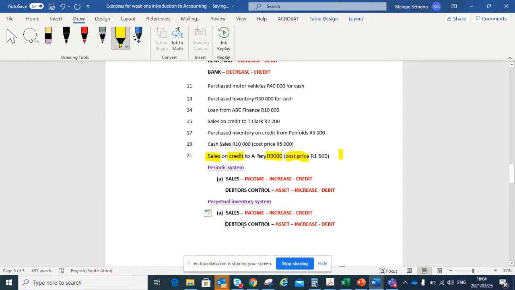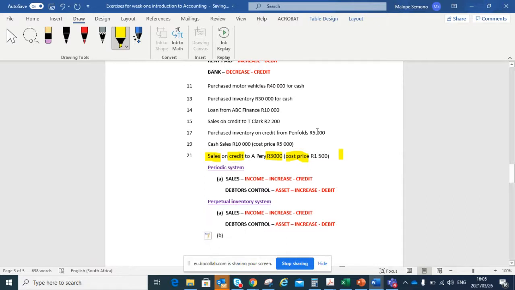But here under perpetual, the perpetual system says, for every sale you record, you must also show the cost of sales. But under periodic, the periodic says, if you've got sales, you don't have to show cost of sales for that sale. Can you see now? But for now, because I'm showing you the perpetual, I must also have the B part, meaning I'm going to have A and B.